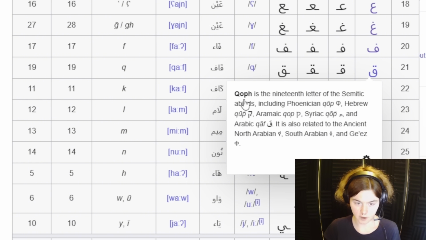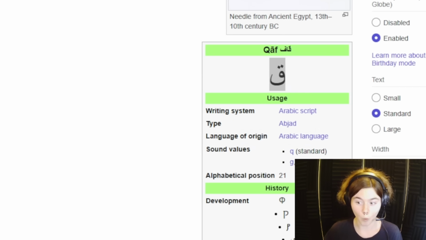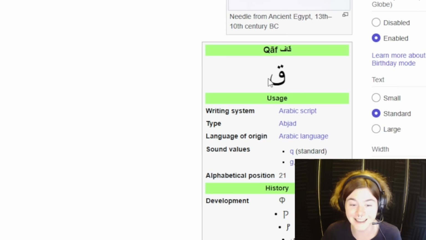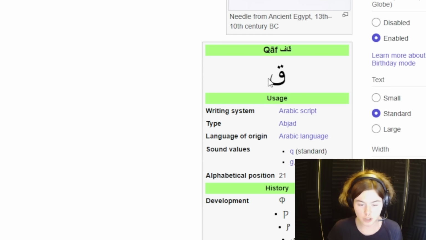So this spelling is very intriguing to me, and it looks like it would be pronounced as quof, which I know is not correct, so let's investigate. Whoa, okay, so I was insanely wrong. This is another sound that is very difficult for English speakers. Okay, so I watched a tutorial.